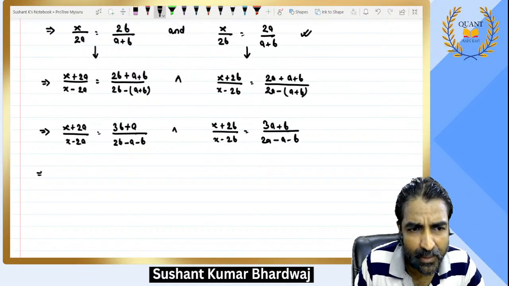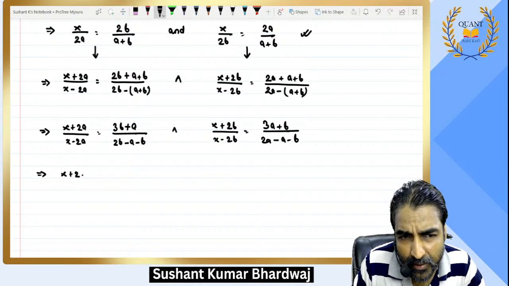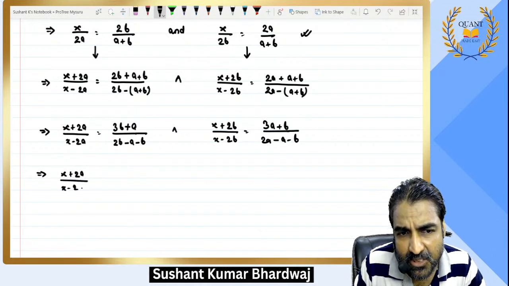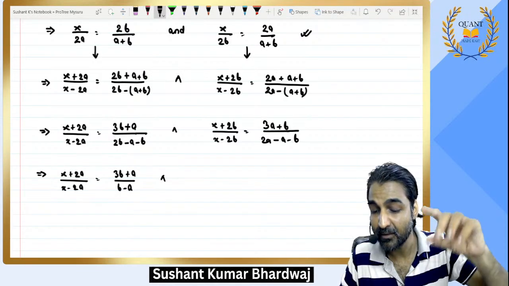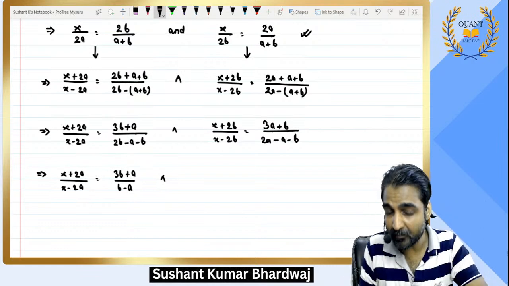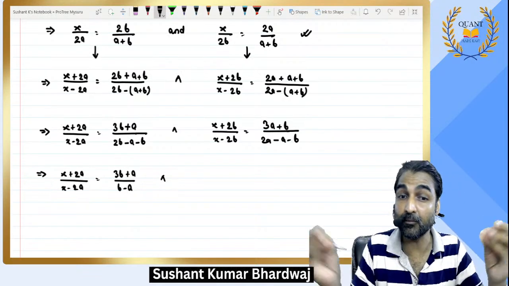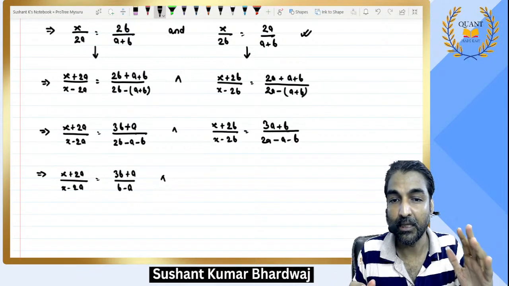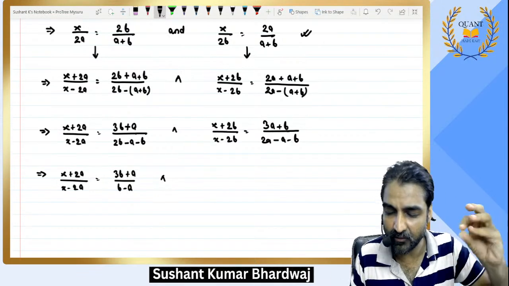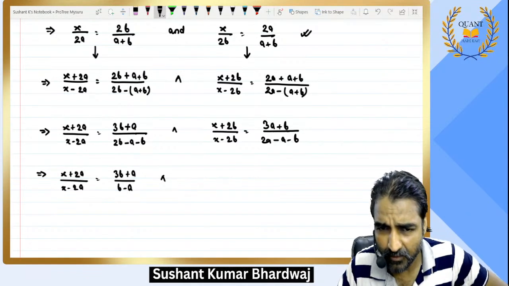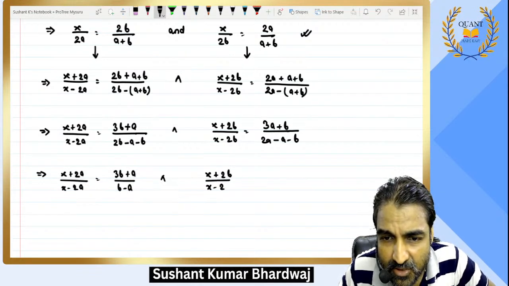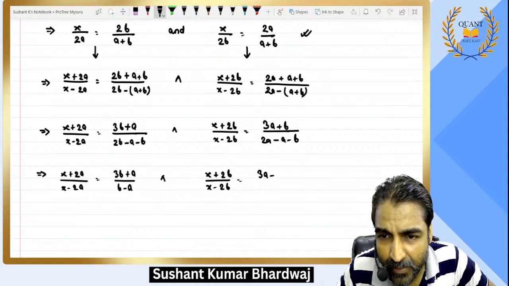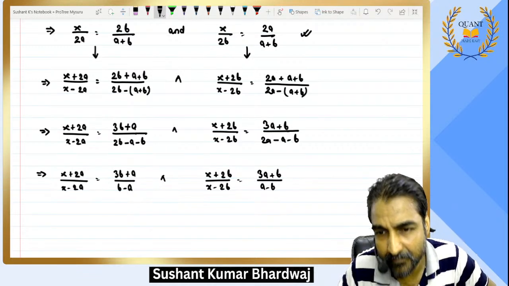Okay. This implies x plus 2a upon x minus 2a is equal to 3b plus a upon b minus a. I'm elaborating it analytically, that's why it's taking time. It's an easy question, and you have a direct answer. The answer is 2. Simple. And then x plus 2b upon x minus 2b is equal to 3a plus b upon a minus b, right?